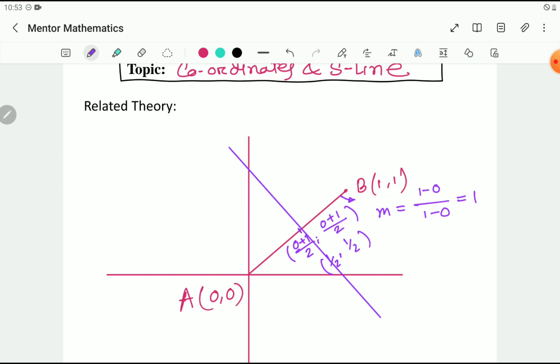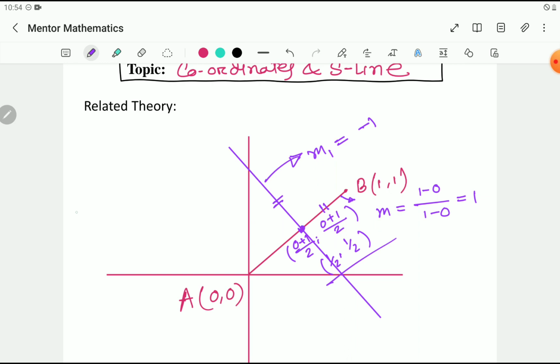So this equation is actually perpendicular to line AB. Therefore the slope of the new equation will be -1, and we know the point it passes through, the midpoint.